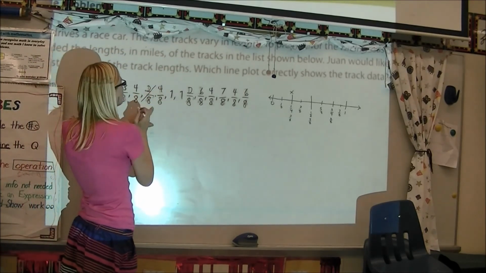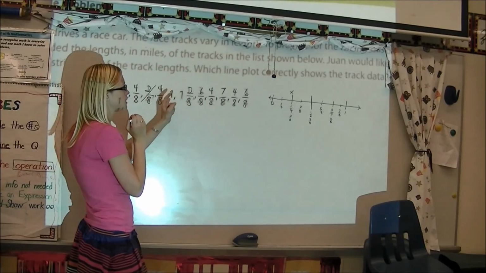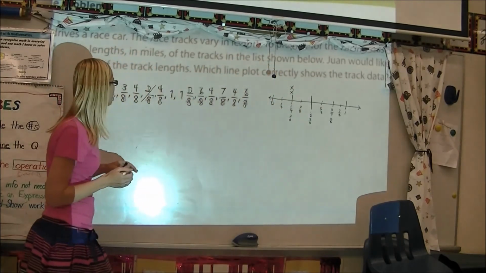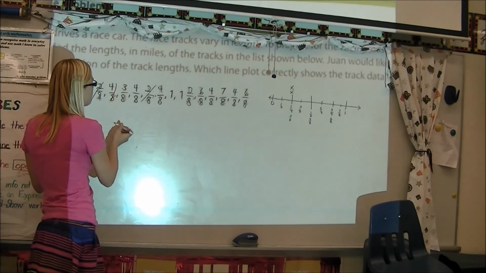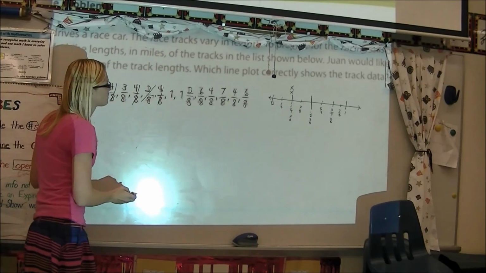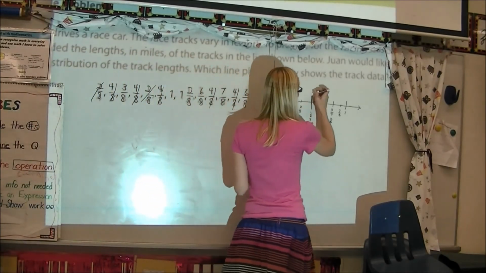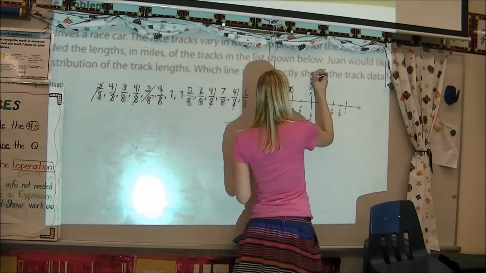So there's one more, and that one is not 2 eighths, it's 1 and 2 eighths, so not that one. I should have 2 marks at the 2 eighths. Go on to the next one, 4 eighths. How many do you have at 4 eighths or 1/2? 1, 2, 3, 4, 5.